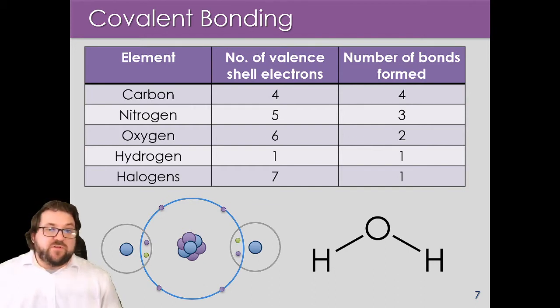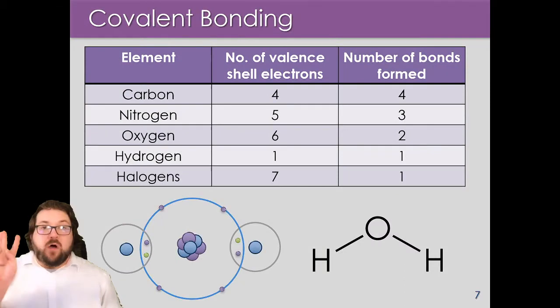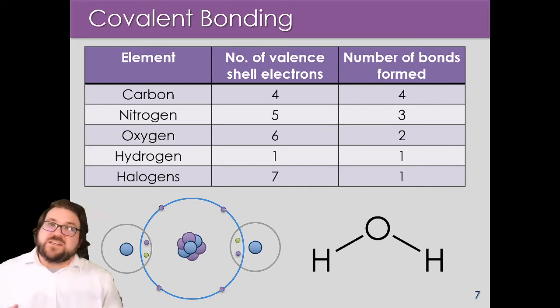Nitrogen is in group 5, so there it is in the 2p3 position, proton number 7. If it's group 5, it has 5 electrons in its outer shell. It needs 3 more electrons to complete its shell, and so nitrogen will form 3 bonds. Oxygen is in group 6, and so it needs to form 2 bonds. It needs 2 more.